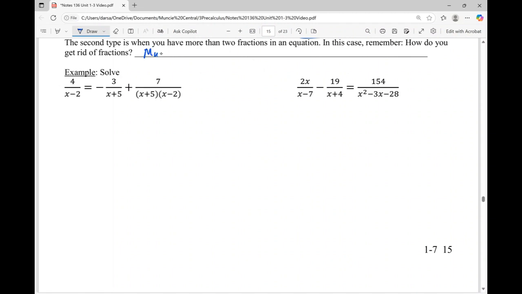We're going to multiply all terms, and here the term is a fraction or a rational expression, by the common denominator. It's always best to use the least common denominator, but any common denominator will get you on your way.